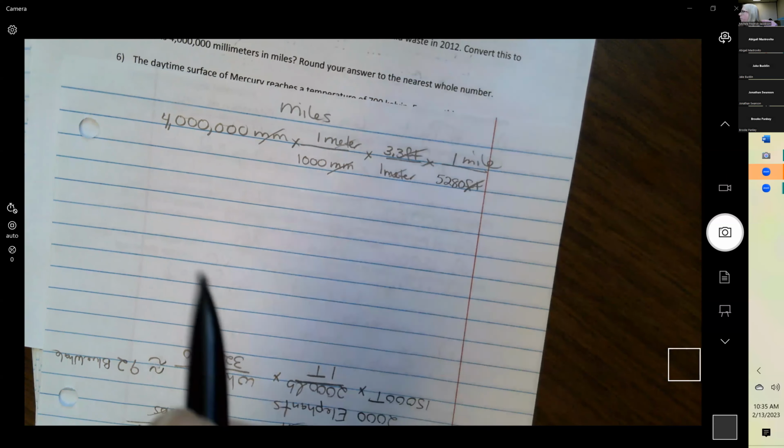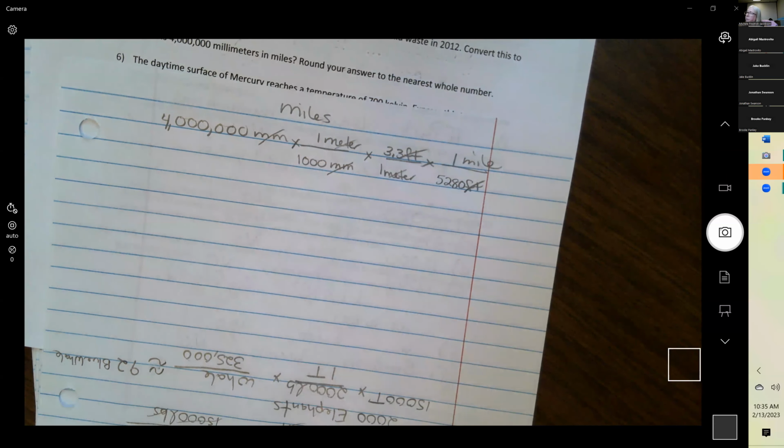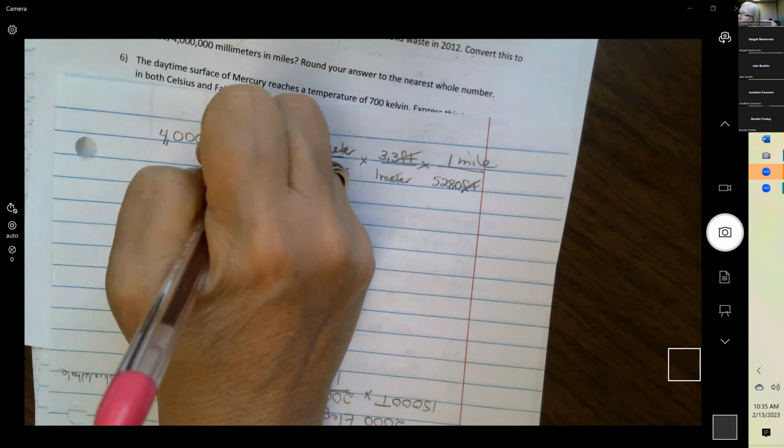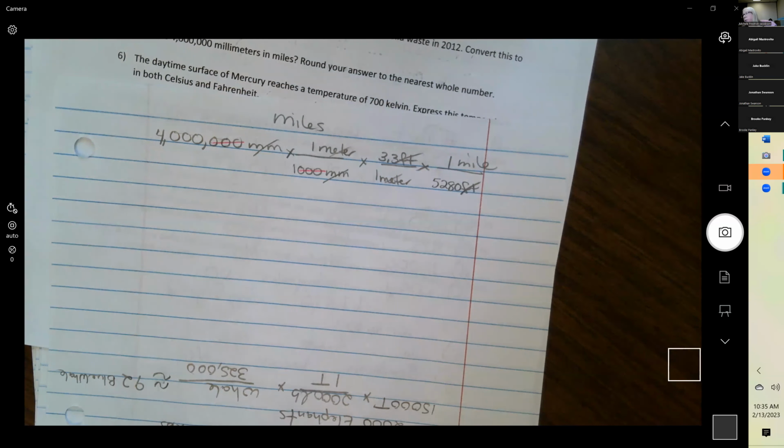If you want to make your numbers a little bit smaller when you have zeros, these 3 zeros can cancel with these 3. Because 3 on the top, 3 on the bottom. Then I just have the 4,000 to work with. Times 3.3 divided by the 5280. 2.5.